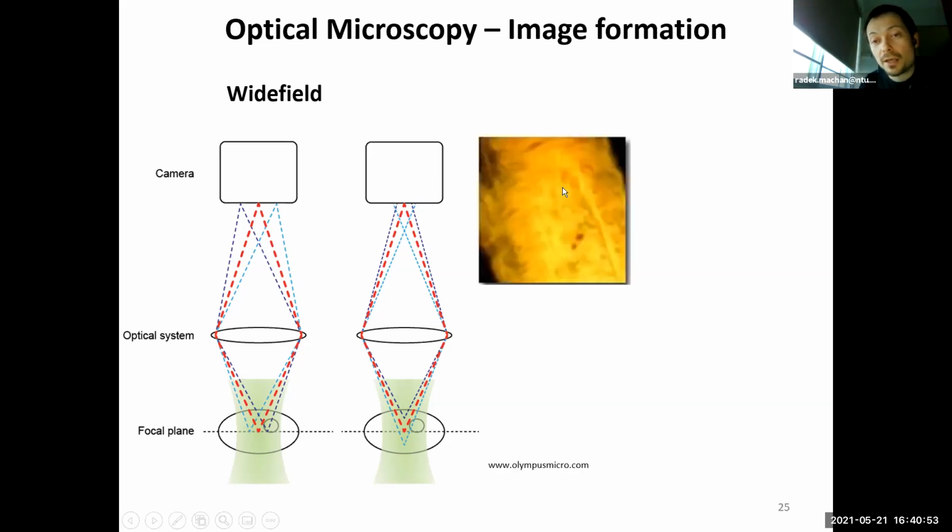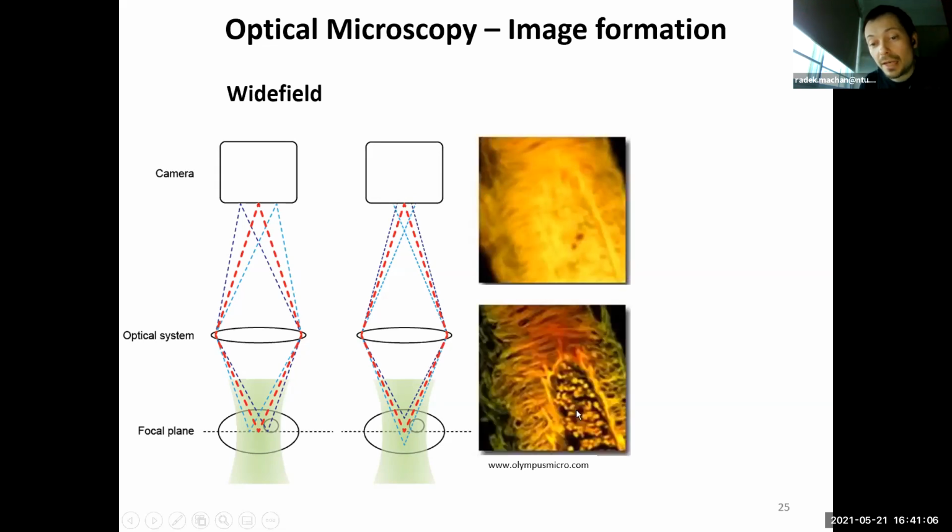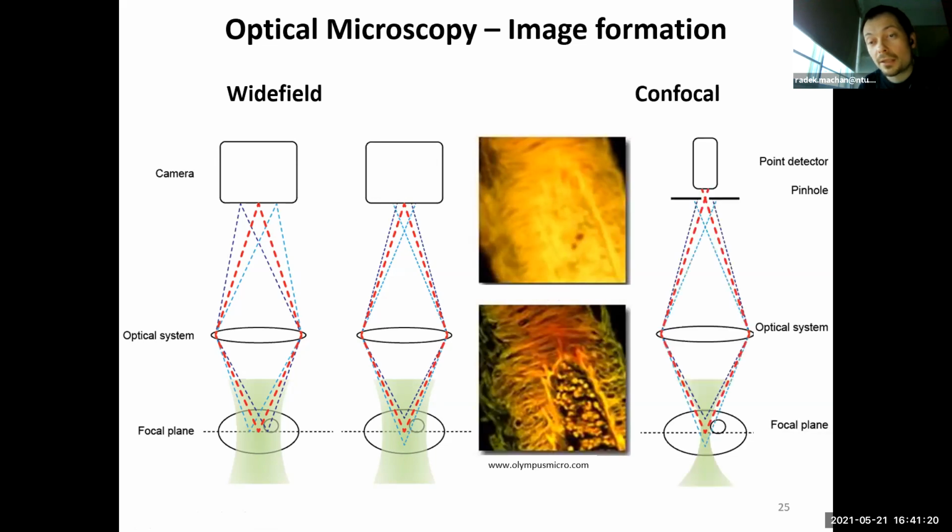So I might have images which have quite low contrast of the in focus features because of the background from the out of focus features. So I would like to get something like this, where I can see with high contrast the features which are in focus.